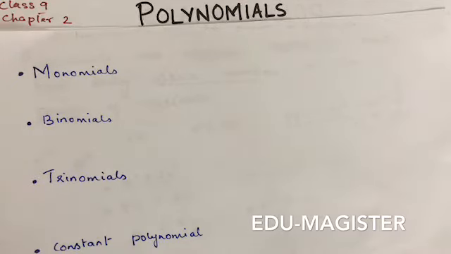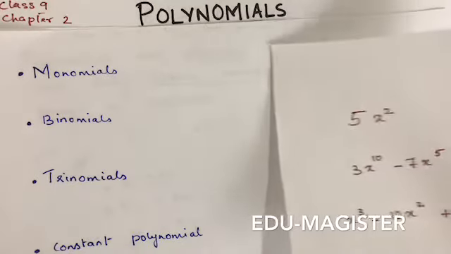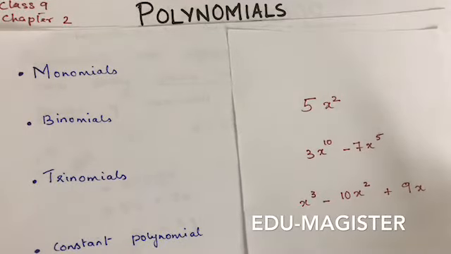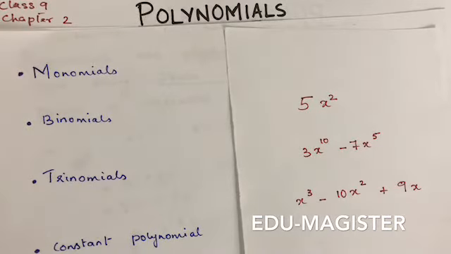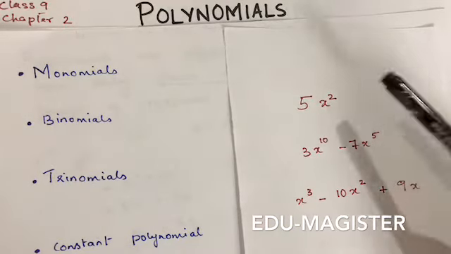Here are few terms that you need to be familiar with. Let me show you few examples. You all agree that these are polynomials? Yes? Why? Because in all of these expressions, the variables have whole numbers as their powers. Okay. Now, what is a major difference that you see in these expressions? In this expression, there is only one term.